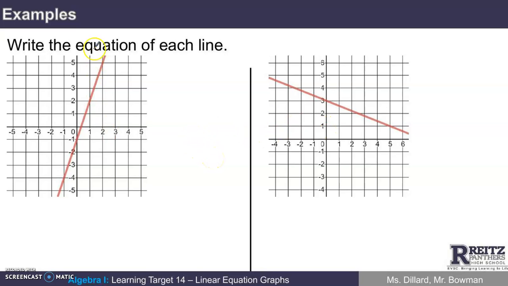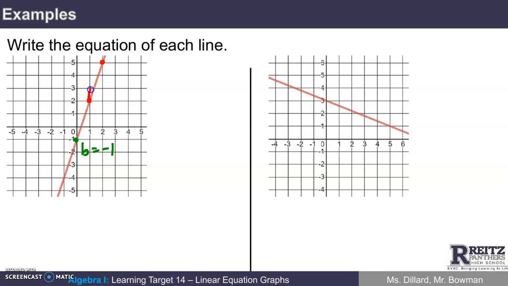This linear function graph crosses the y-axis at negative 1, so b is negative 1. To find the slope, I could use any 2 points. I don't have to start at this one, but it might be convenient to. Just to show you that it doesn't have to be that point, I'll do it up here. I'll use these 2 points to find the slope.